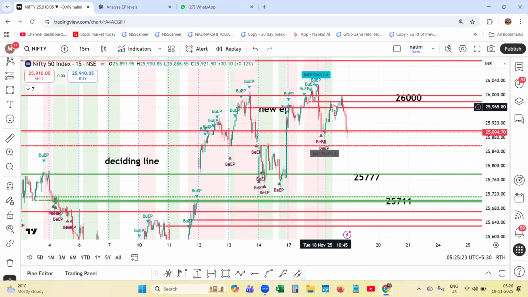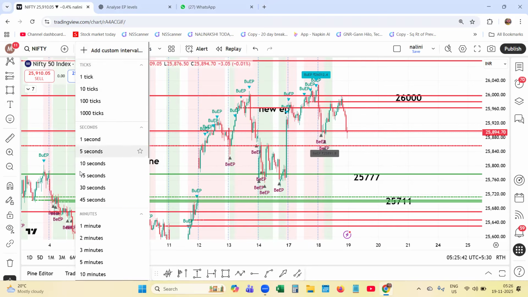So now it is returning back and this was the resistance. 25,854 was the resistance and it pierced through. Now we need to see what the market will do.